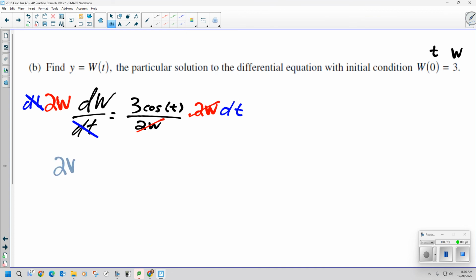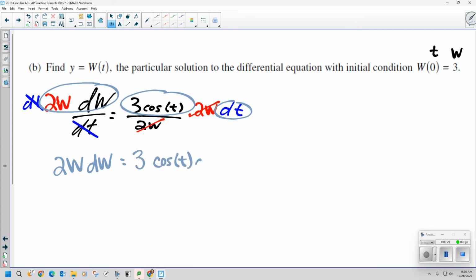I've got 2w dw on this side equals 3 cosine of t dt. I've got to integrate both sides. I'm going to bring my constant on the outside of my integral. It's a constant, so I'm just going to shoo that out.